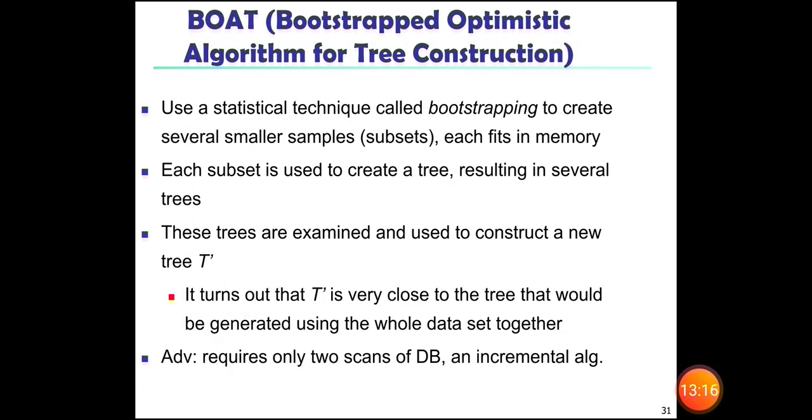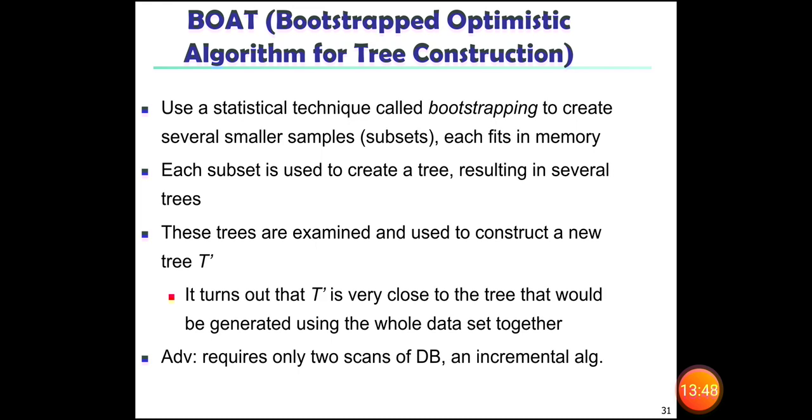The next one is BOAT. It's a bootstrapped optimistic algorithm for tree construction. Here it is going to use a statistical technique called bootstrapping to create several smaller samples, each of which fits in memory. Once the training set data is given, it can be divided into a number of small samples.